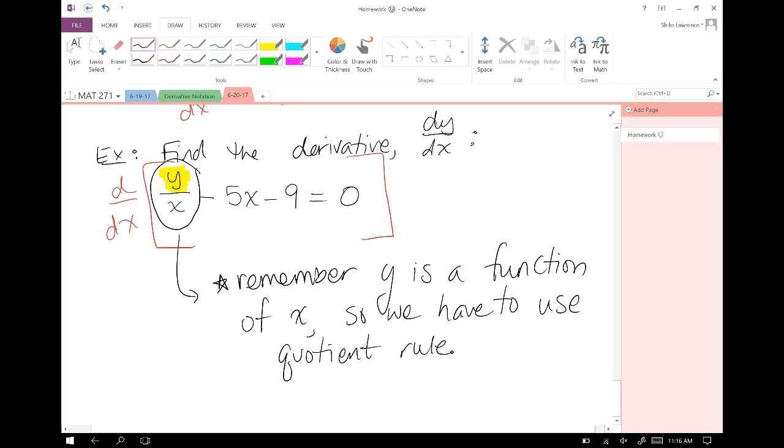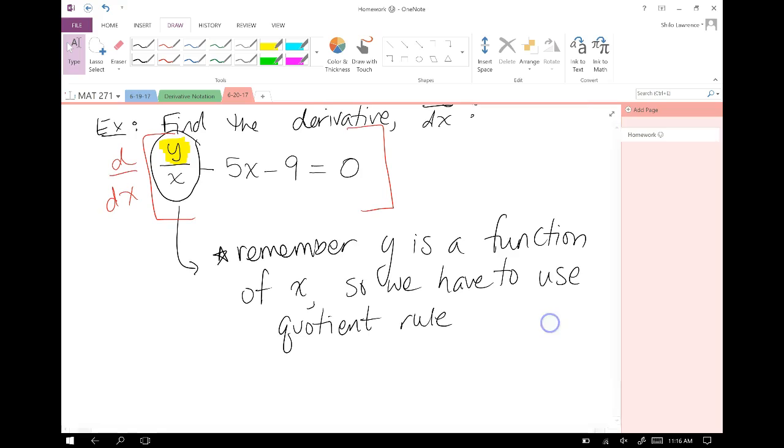So if I'm going to apply all my derivative rules on everything in this equation, we start with the derivative of the top. How did we say we're going to write the derivative of y? dy dx.